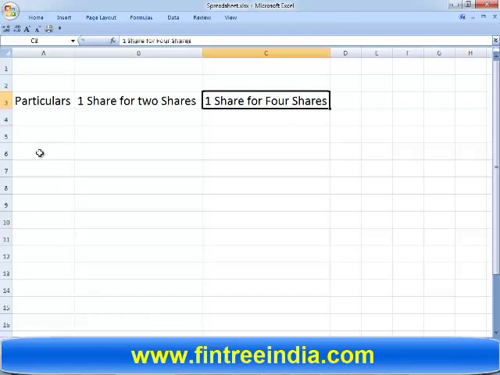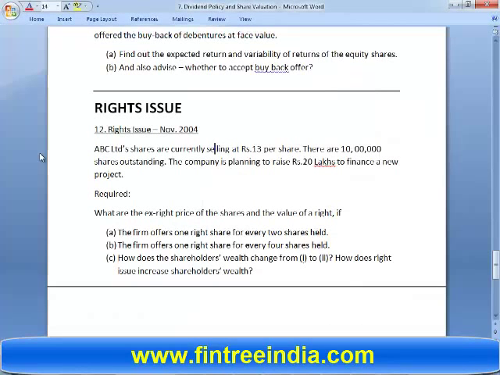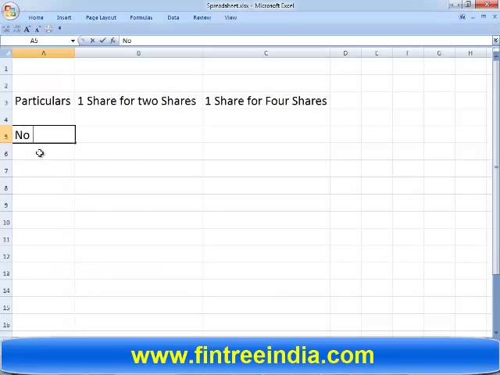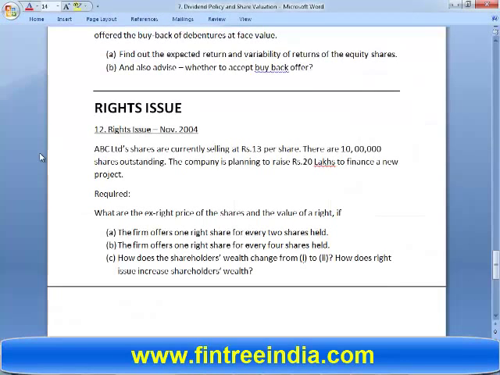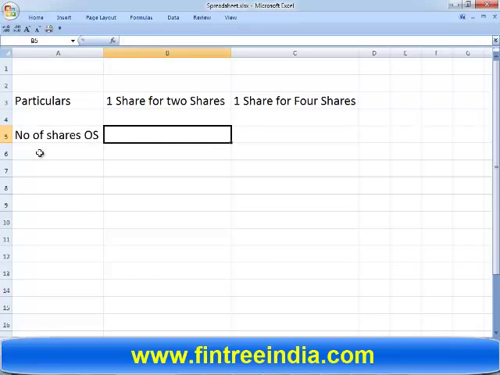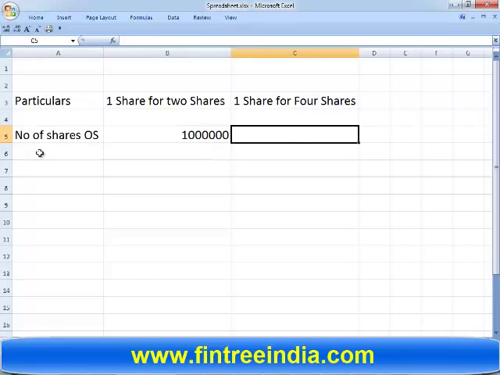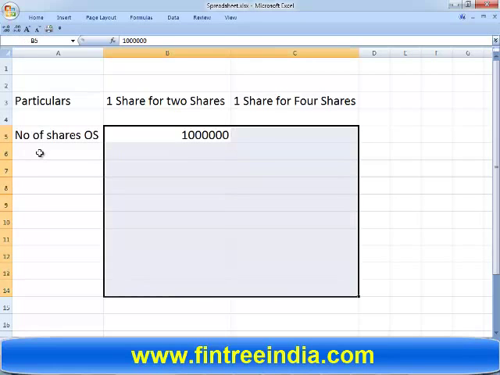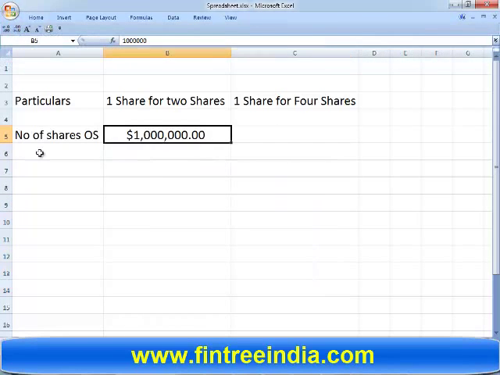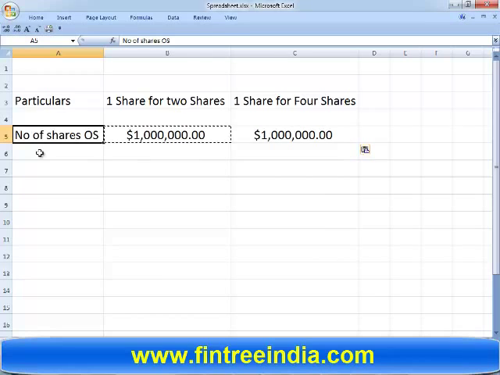First particular: the number of shares outstanding as of now is 10 lakh and 10 lakh.